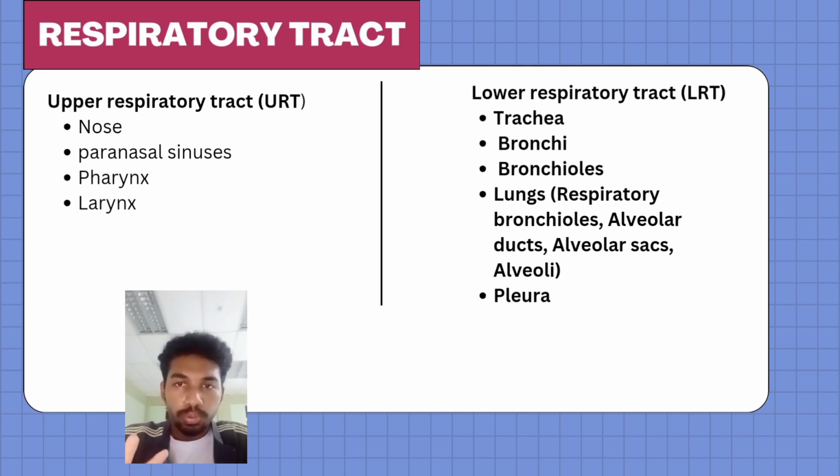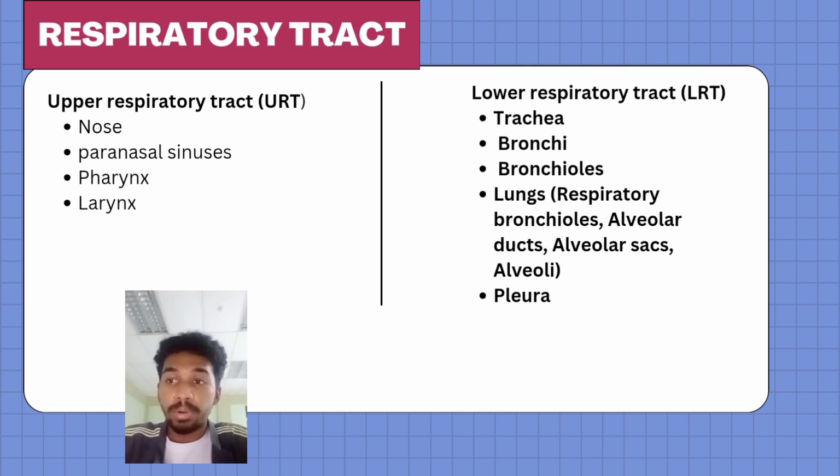First, it is divided into two: the upper respiratory tract, which is URT, and the lower respiratory tract, which is LRT. The components of the URT are the nose, paranasal sinuses, pharynx, and larynx, whereas for the lower respiratory tract, the components are the trachea, bronchi, bronchioles, and lungs.